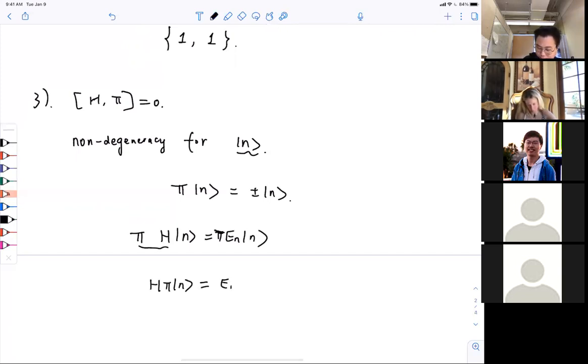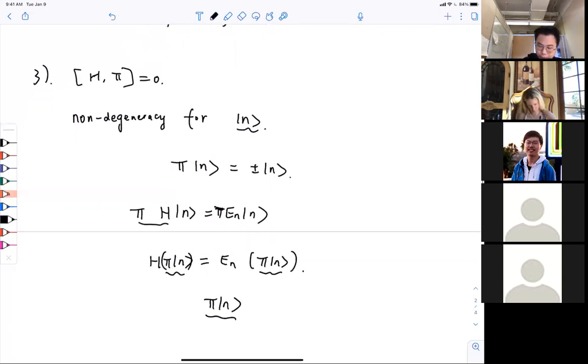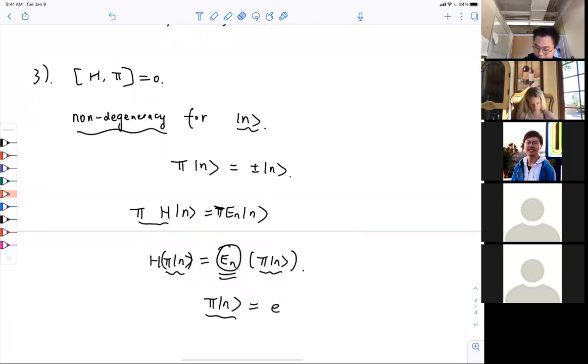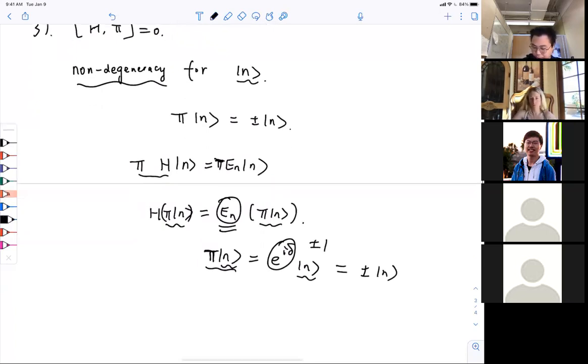So you get this, meaning that pi acting on your state n is also an eigenstate of your system, but we know there's no degeneracy for this eigenenergy, so there's only a phase difference between this state and this state. On the other hand, we know pi has only eigenvalues plus or minus one, so it's like this.